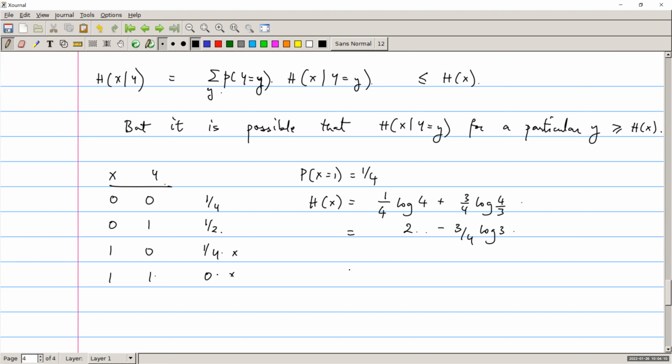Okay, so let's see. What is h of x given y equals 0?